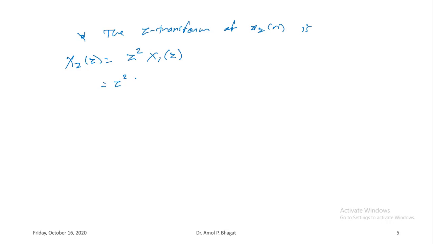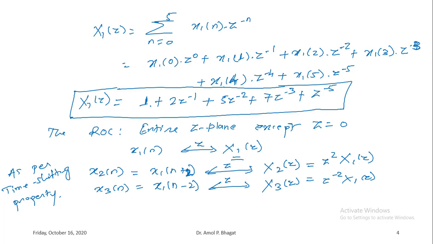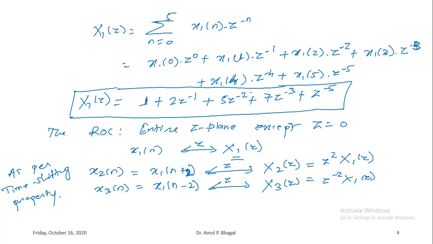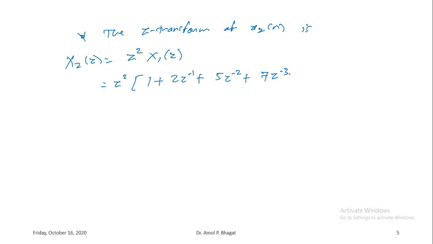Therefore, the z transform of x2 of n is denoted as x2 of z, and it will be z square multiplied by x1 of z. Okay, so z square multiplied by, we know that the value of x1 of z is 1 plus 2z inverse plus 5z to the power minus 2 plus 7z to the power minus 3 plus z to the power minus 5.